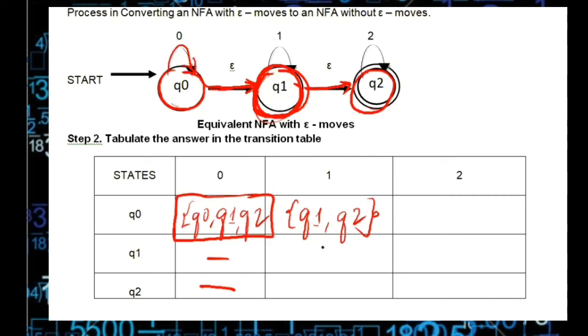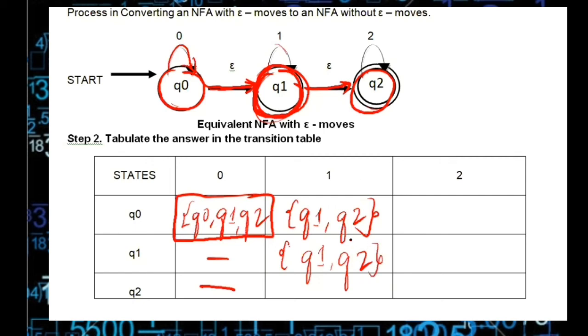And then Q1, when you input 1, meron siyang self-loop. It will just go back to itself. So, magiging sagot dito ay Q1. Then, tingnan natin kung meron pa. Q1 has a kasunod na epsilon going to the right, so it will jump there, Q2. Kumbaga, lahat na nakakonect sa epsilon from that input 1, kasama rin as answers.